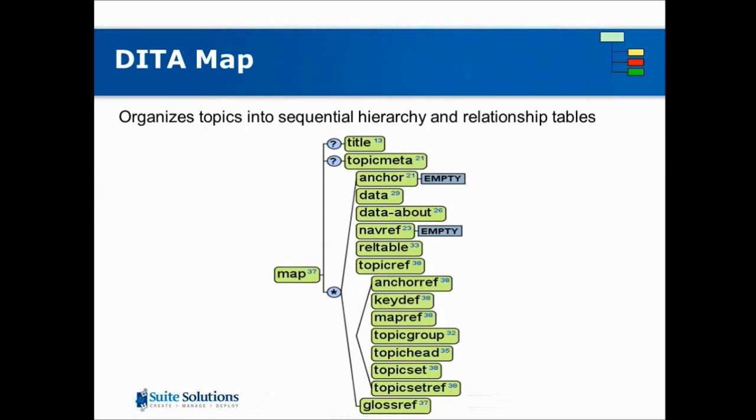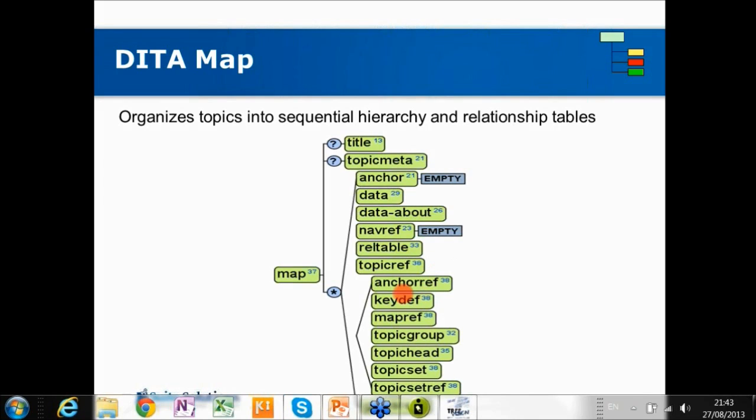Now, here's the hierarchy of a map. The truth is this looks a lot more complicated than it needs to be. The reality is that a map has a set of topic refs. A topic ref is a reference to a topic, and what you'll have is a list of topic refs, in some kind of sequence and some kind of hierarchy.